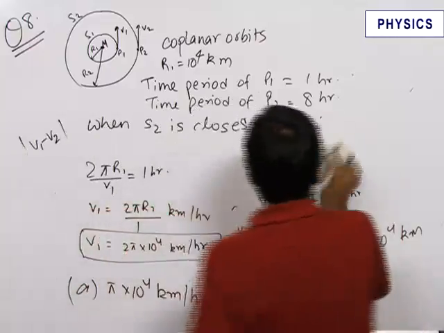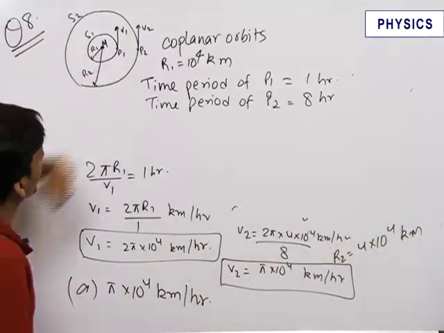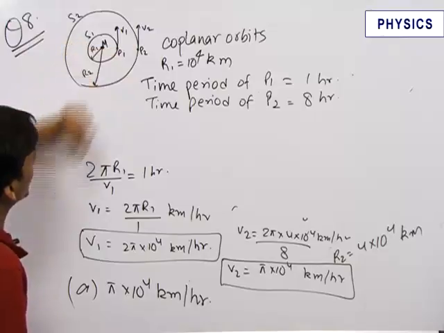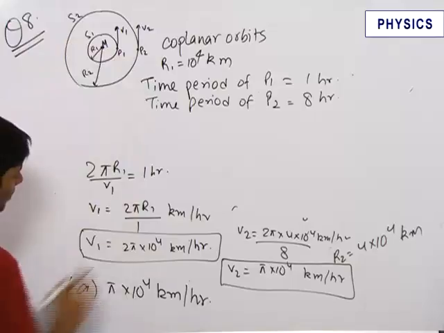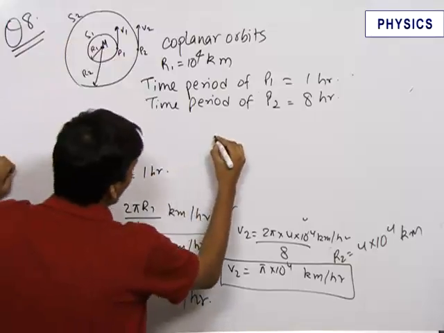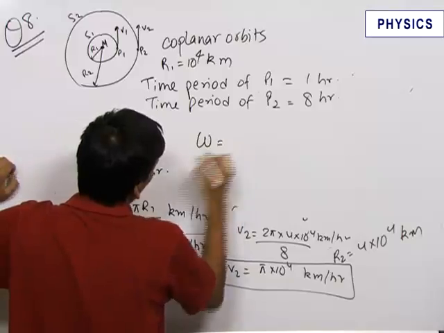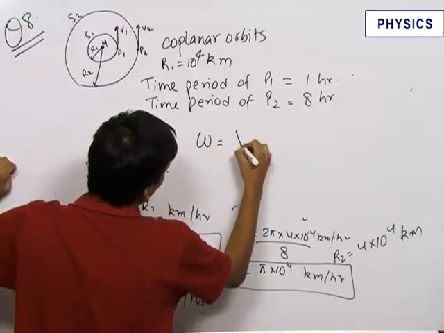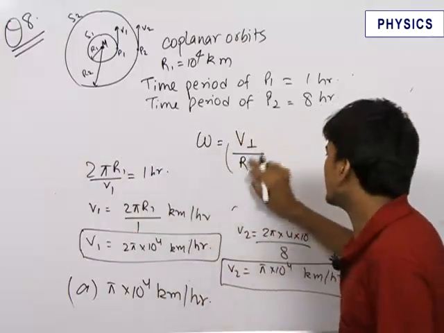Now we need to find out the angular velocity of S2 as seen by an observer in S1, that is satellite 1, that is P1. We know a formula for angular velocity: omega is always equal to v perpendicular upon r'. Let me explain what these terms mean.